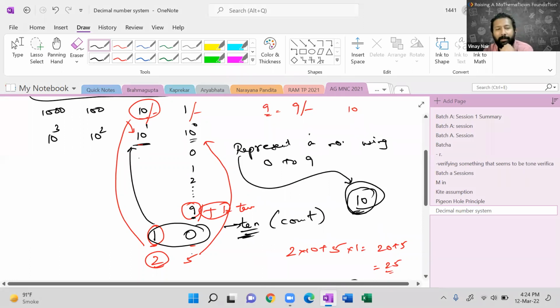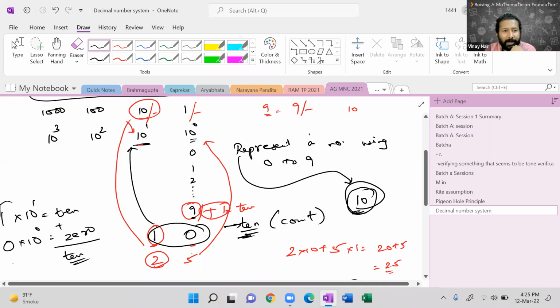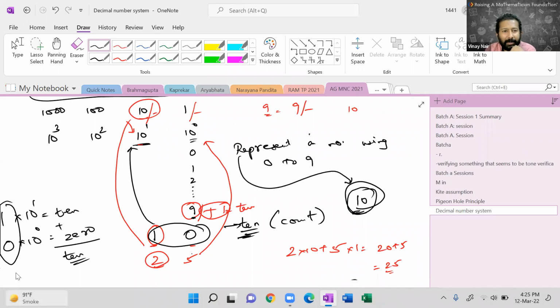Because it is 1 multiplied by 10 power 1, which is 10, and then 0 multiplied by 10 power 0, which is 0. So 10 plus 0 gives me 10. Which is why when I write 1, 0, it represents 10.